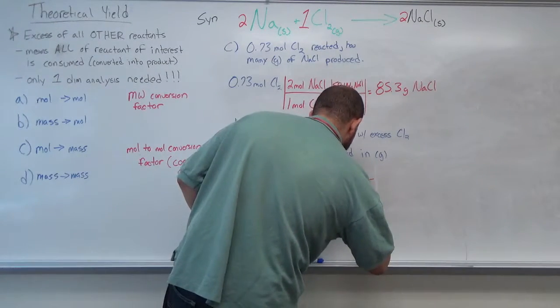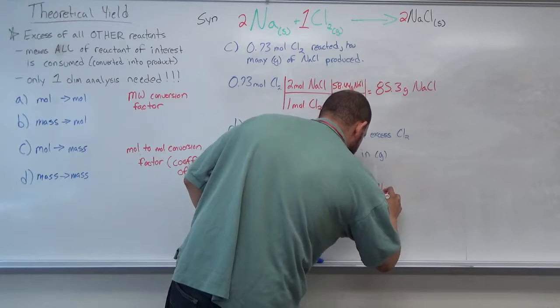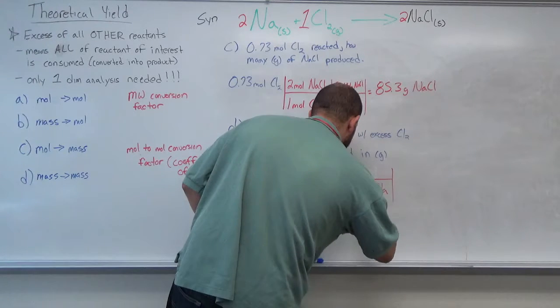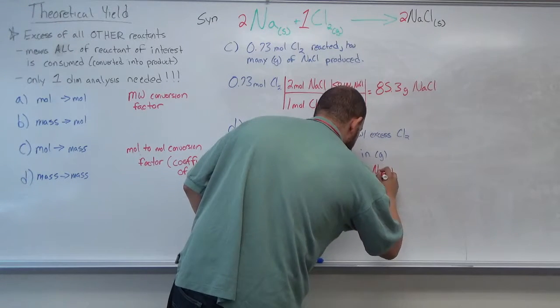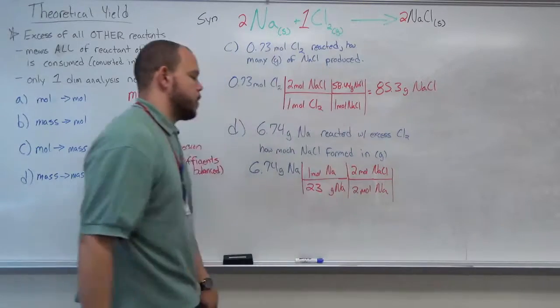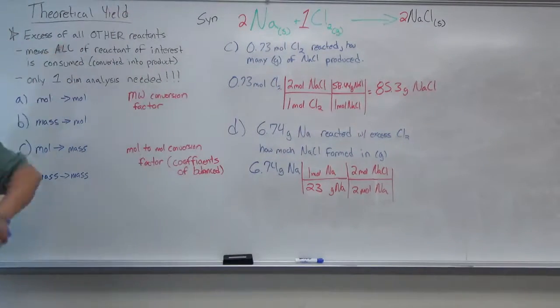That tells us that 2 moles of sodium go with 2 moles of sodium chloride. Stoichiometric coefficients. But we haven't been asked about moles of sodium chloride either. We have been asked about mass.